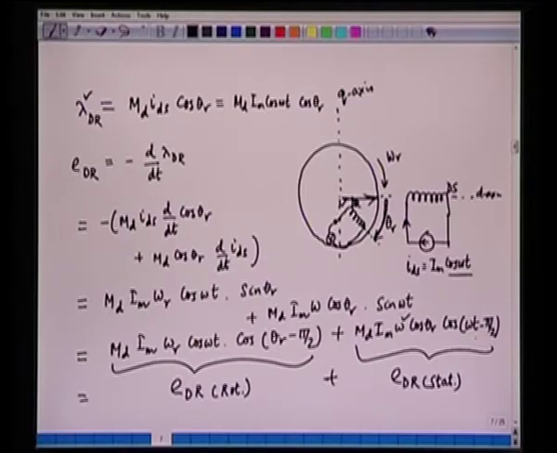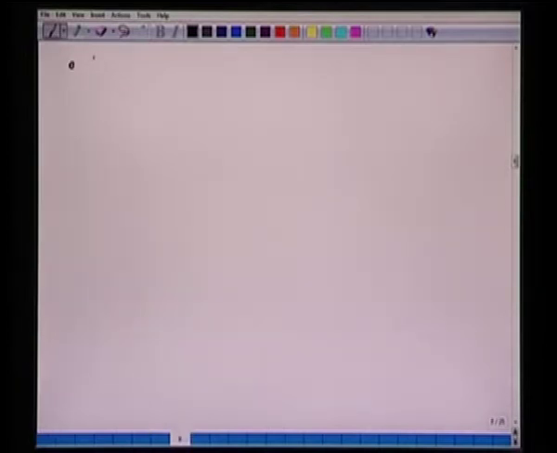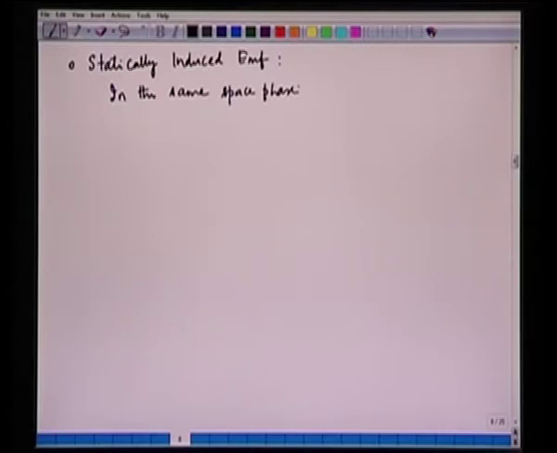So I summarize here that if you talk about the statically induced EMF, this is in the same space phase. It means the statically induced EMF will be maximum whenever two coils are aligned along each other.